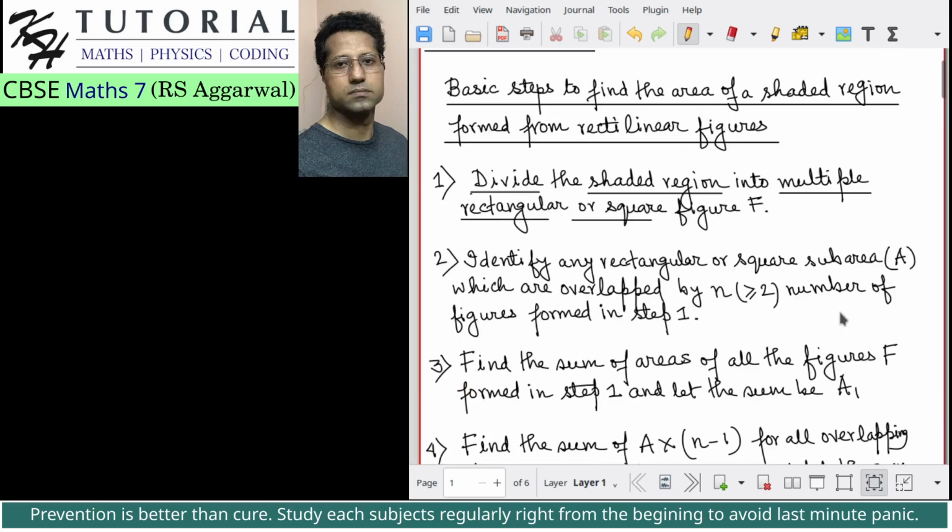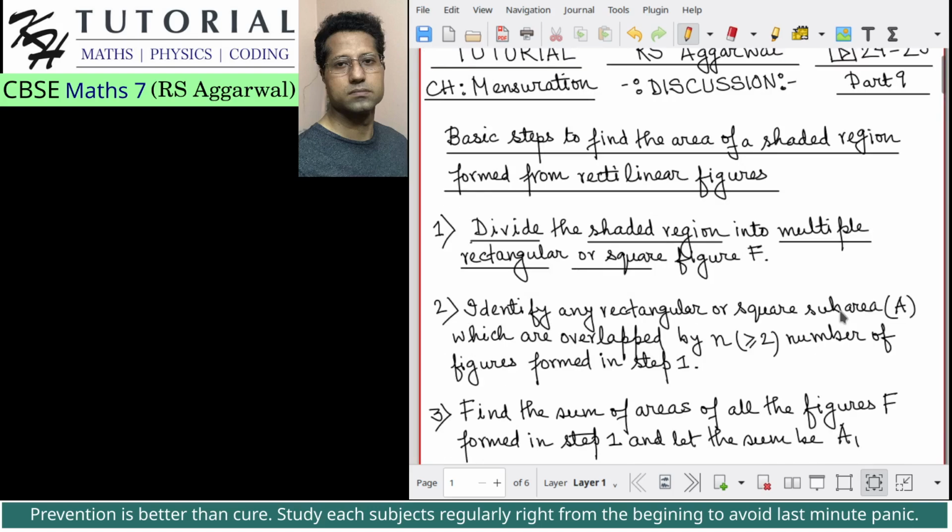But if the figures do not have any overlapping region, then simply adding up the area of all the figures F will give the area of the shaded region.